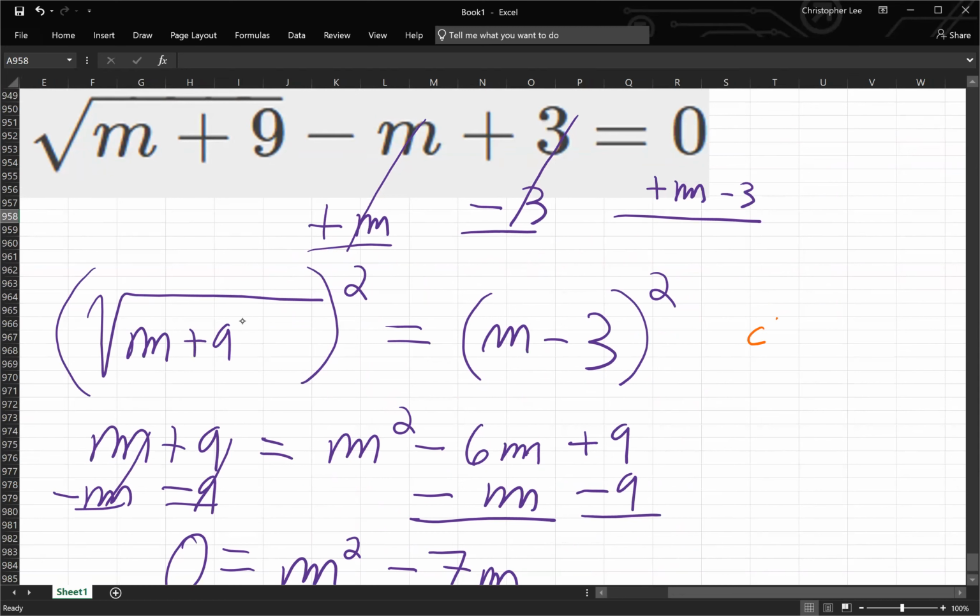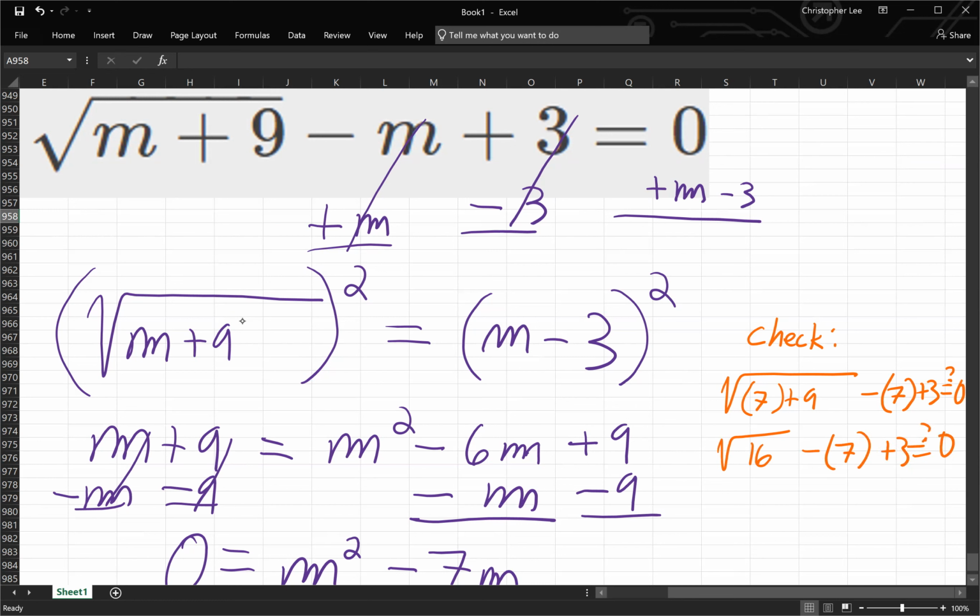So I want to check this. So I'm going to plug in the 7, right? So I have square root of 7 plus 9 minus 7 plus 3 allegedly is 0. Let's see. 7 plus 9, what's that? Square root of 16 minus 7 plus 3 allegedly is 0.